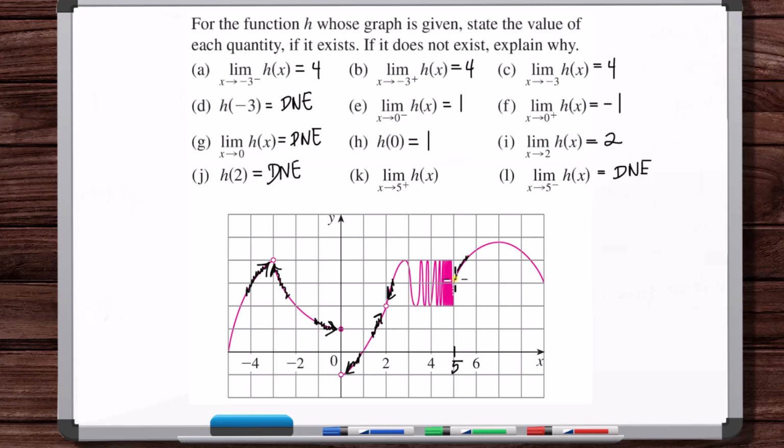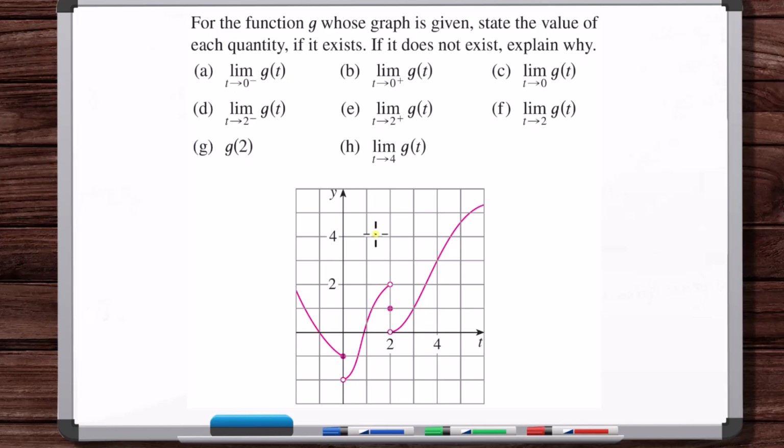The reason is because no matter how close we get to 5 coming from above, 5.000 a trillion zeros 1, etc., we're never going to enter this oscillating region here. All we're going to be doing is, you'll have 5.000 a million zeros 1, and then you'll get something like 3.000 a million zeros 1. If we input 5.000 a trillion zeros 1, we'll be getting something like 3.000 a trillion zeros 1. Right? We're approaching 3 here.